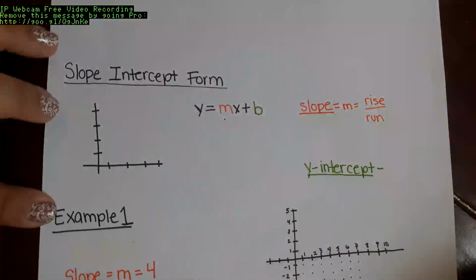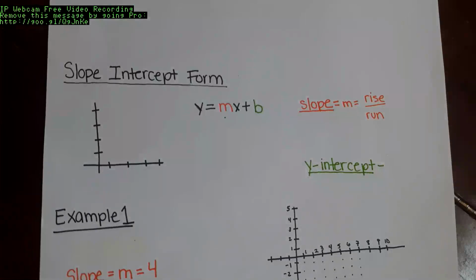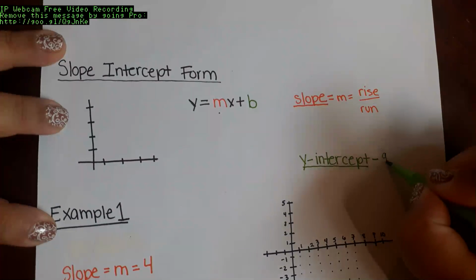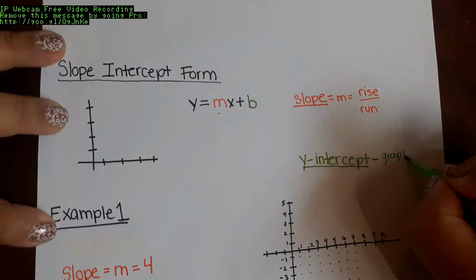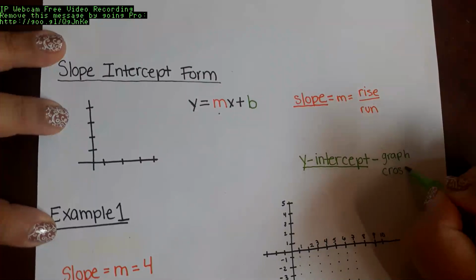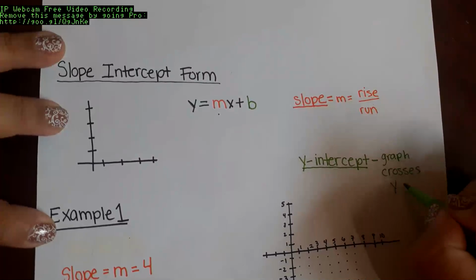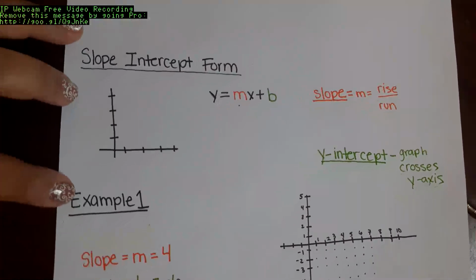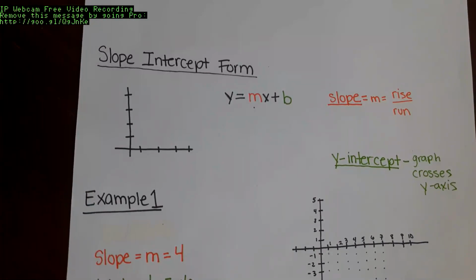And the y-intercept, well, that's exactly what it is. It's where my graph crosses the y-axis. Wherever it crosses the y-axis, that's going to be my y-intercept.